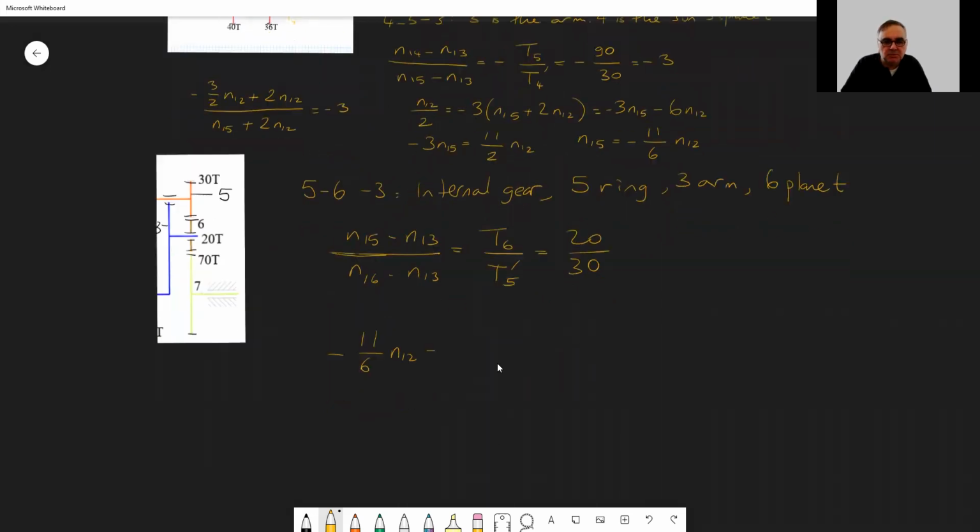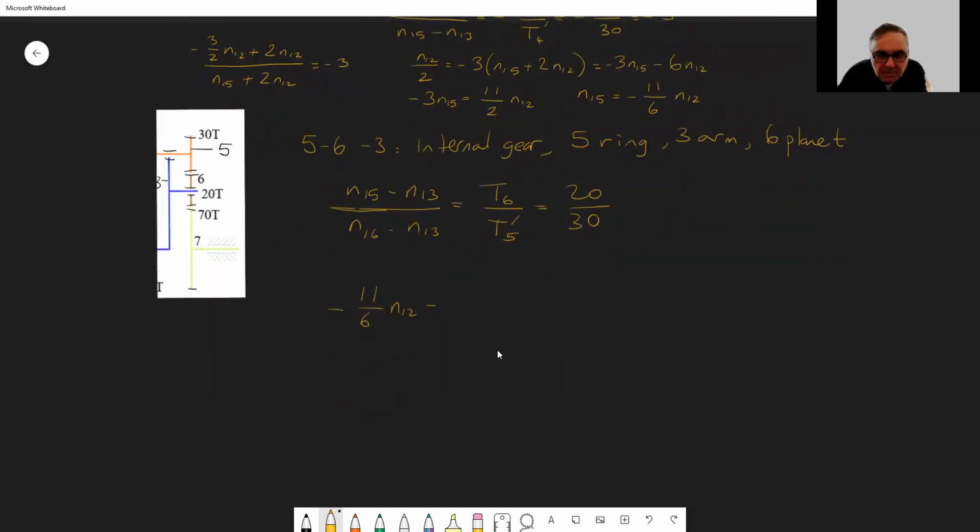Minus 2 n12. So it is plus 2 n12 divided by n16. We don't know what it is. Minus n13, so that is 2 n12, is equal to 2 over 3. So minus 11 over 6. And this is n15.